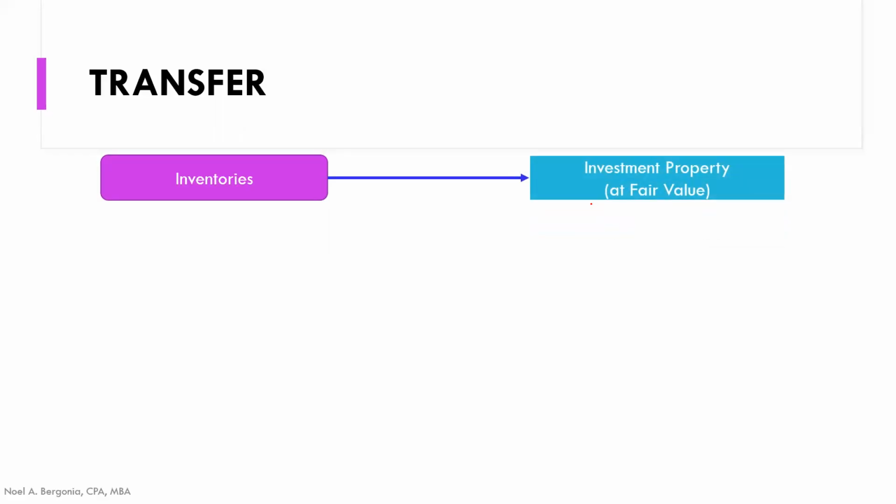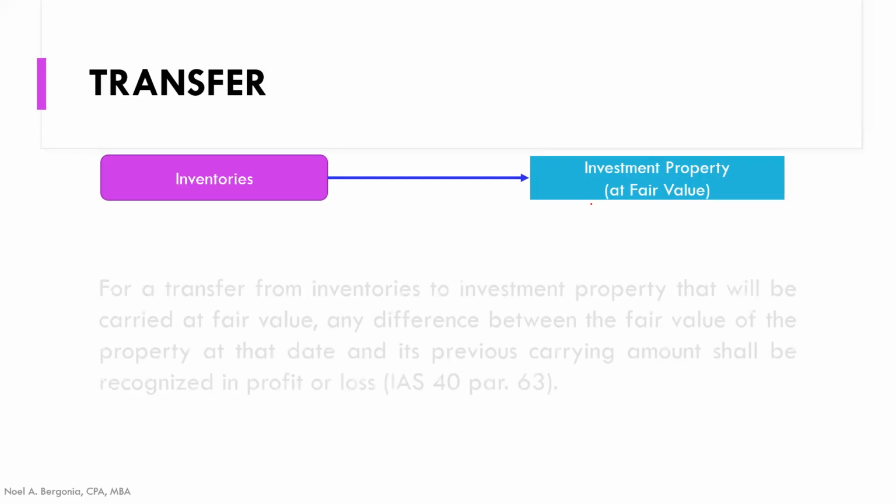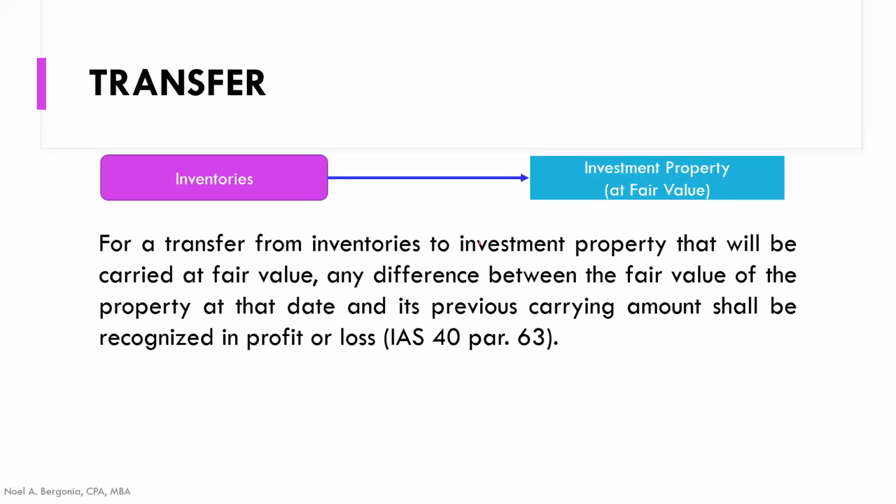So ang sabi po in the standard, under paragraph 63 is that for the transfer from inventories to investment property carried at fair value, any difference for the carrying value ng ating inventories at saka yung fair value at the date of change of use shall be treated or recognized in the profit or loss. So parang ano rin siya, yung kanina sa property, plant, and equipment, yun nga lang, dahil wala namang revaluation sa inventories, it will now be charged to the profit or loss.